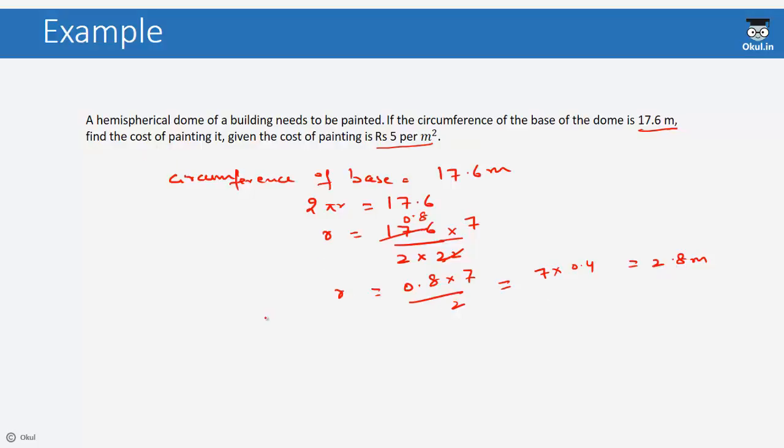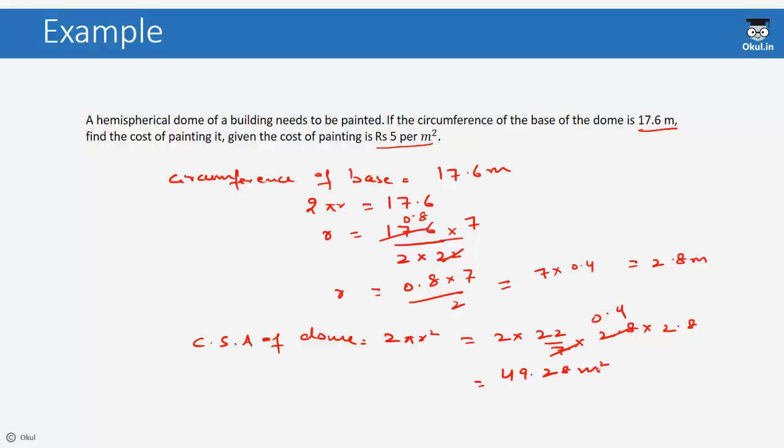Now we can calculate the curved surface area of the hemispherical dome, which is equal to 2 pi r square. This is equal to 2 into 22 by 7, that is the value of pi, into 2.8 into 2.8. So the curved surface area of the dome comes out to be 49.28 meters square.